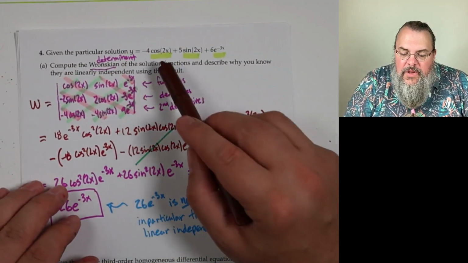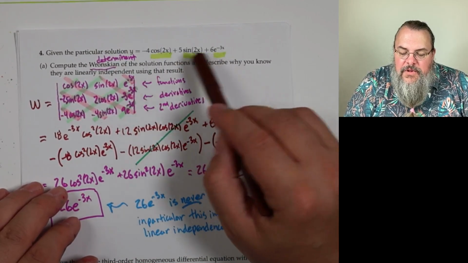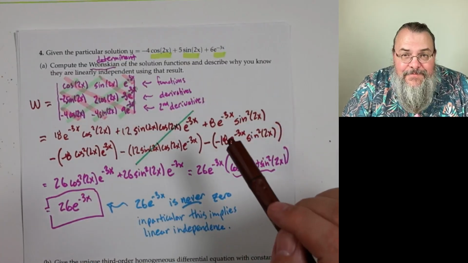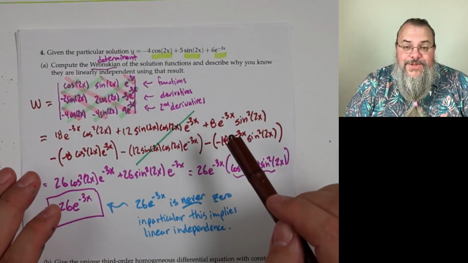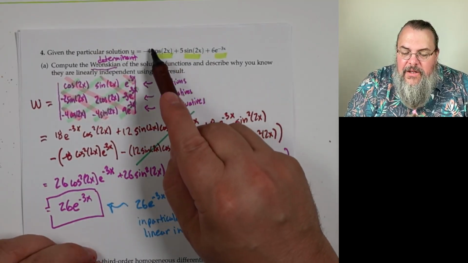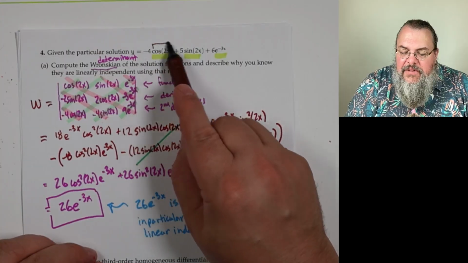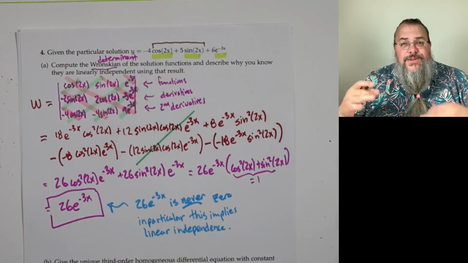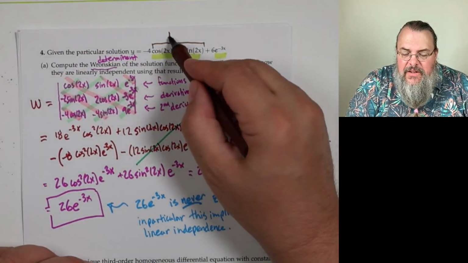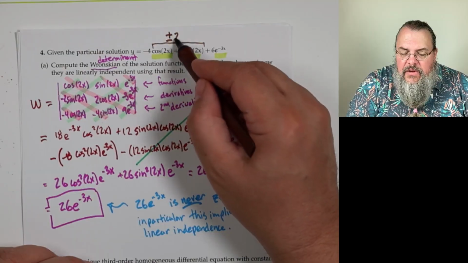Now, these come from solutions of constant coefficient differential equations, or at least they can. What are the roots? Well, when you see the cosine or sines, that means they come in pairs. So those come from complex roots. And in particular, that's going to come from plus or minus 2i.